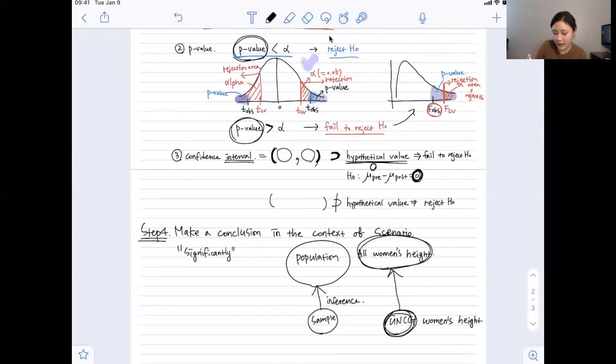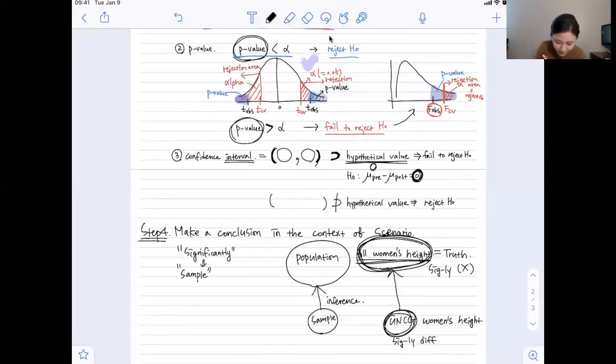So we can say significantly different at the sample level. However, at the population level, all women's height, this is the truth, so we cannot say significantly at the population level. My tip is, when I use the word significantly, I always try to write the word sample.